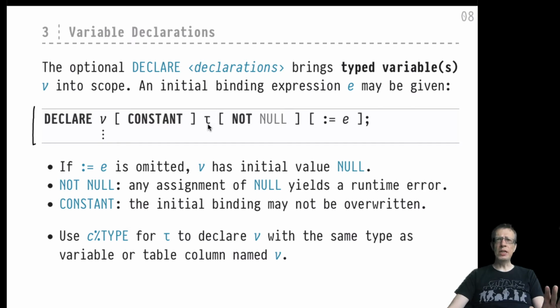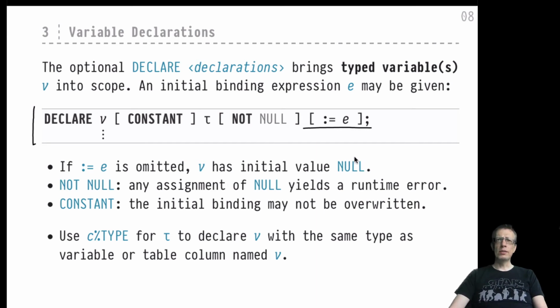We can even initialize the value of that variable by specifying an expression of type tau, or an expression that can be cast to type tau. So v would be introduced, and it would immediately be assigned the value of expression e here. If e is omitted, if this assignment is omitted, then v will have the initial value of null of type tau.